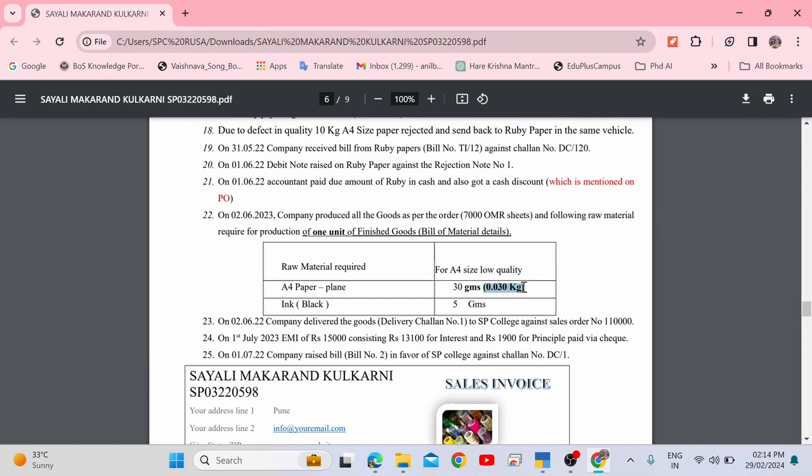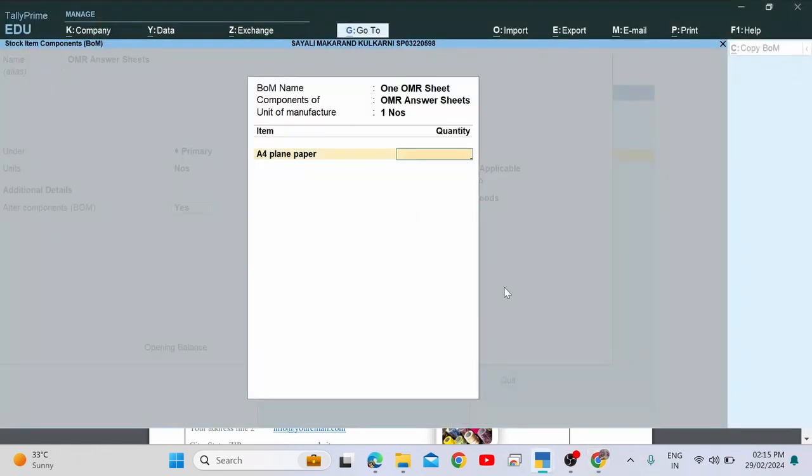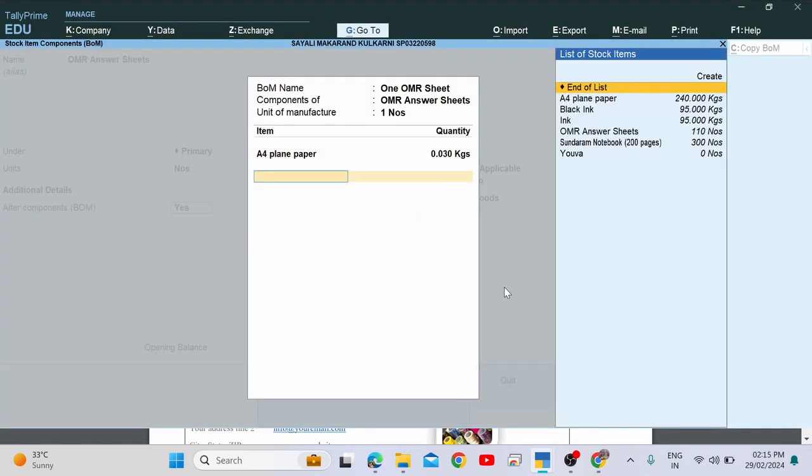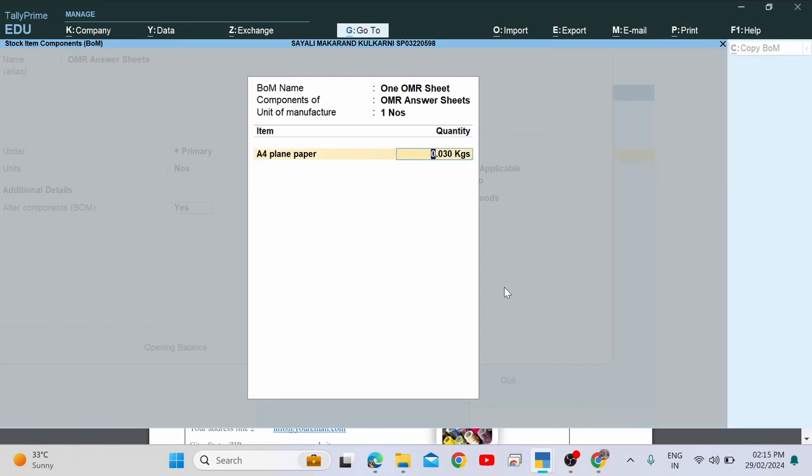Now you will get this here, but for 5 grams, how many kgs is not written. You have to use your brain, but here don't. I have already written 0.030, because our unit is in kg.